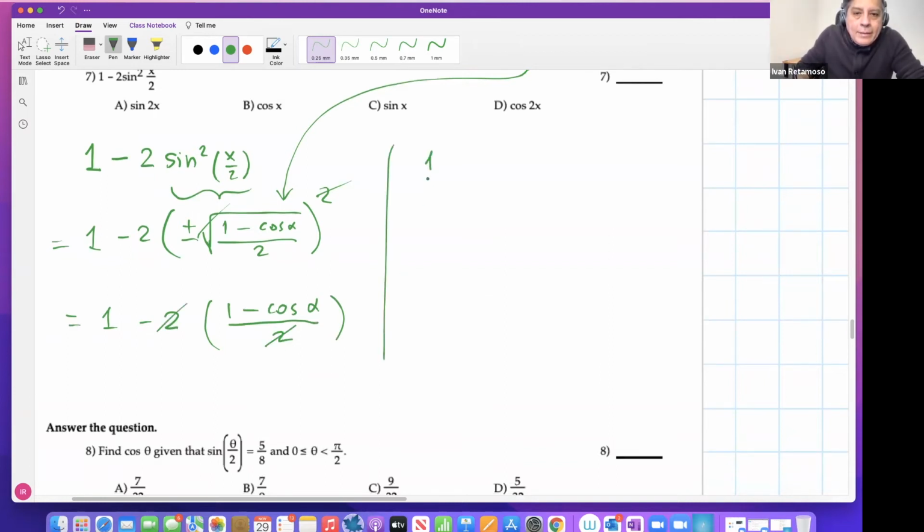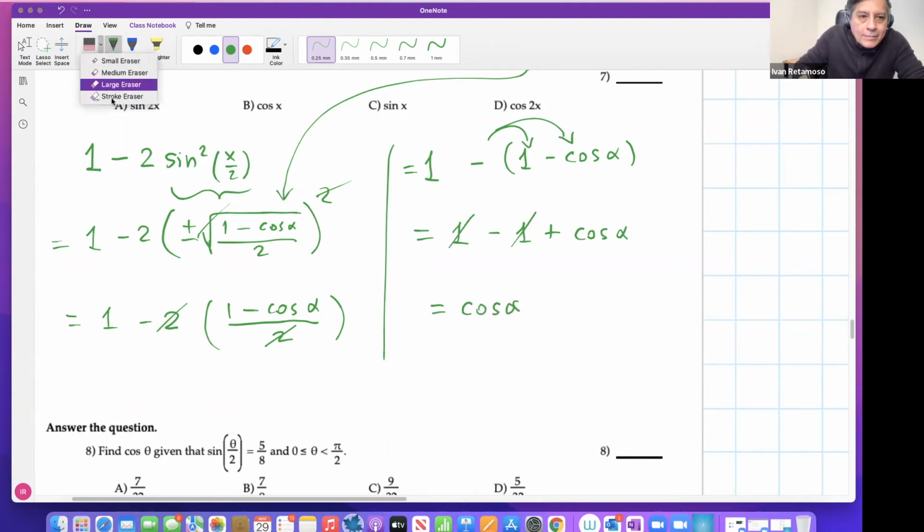We end up with 1 minus (1 minus cosine of alpha). When you distribute the sign, minus times minus is plus cosine of alpha. 1 minus 1 is 0. Believe it or not, guys, all this ends up being just cosine of alpha, which should be the answer. Okay, so this is number 7.